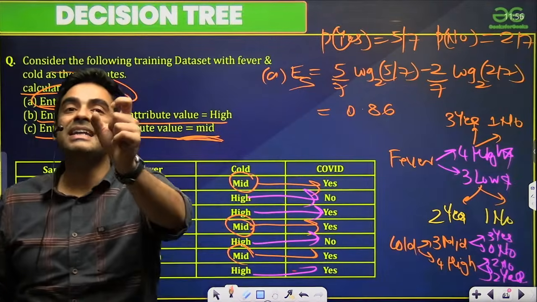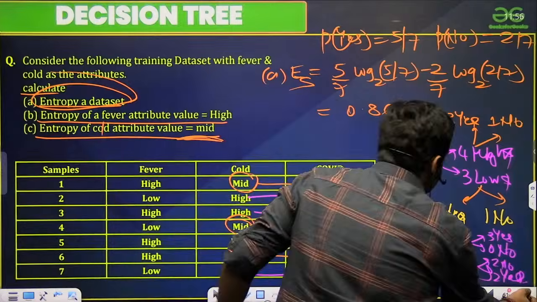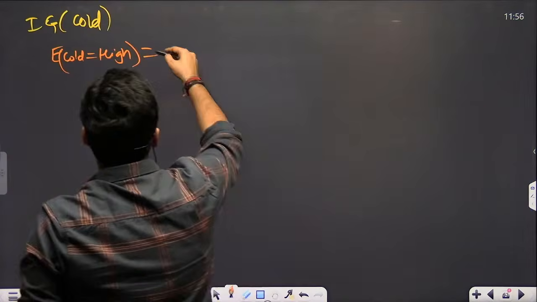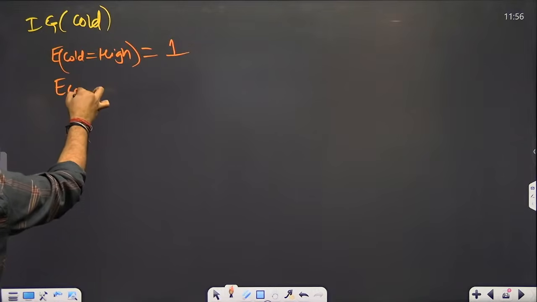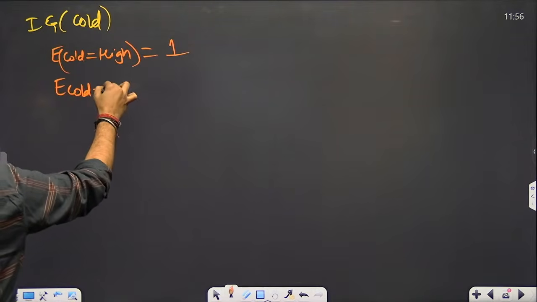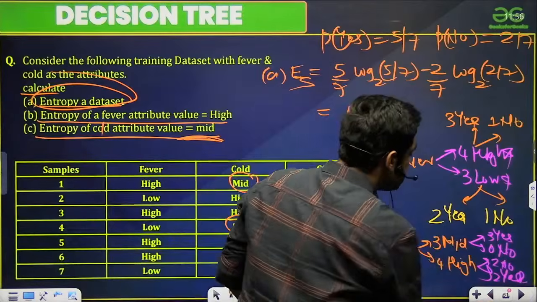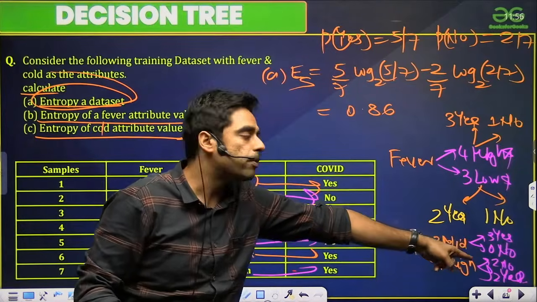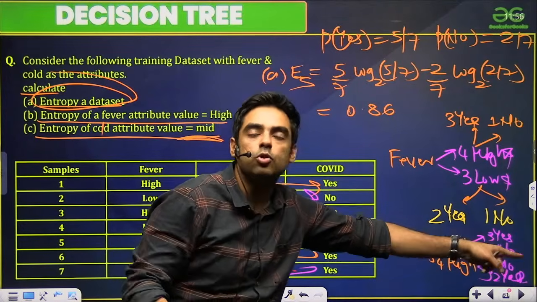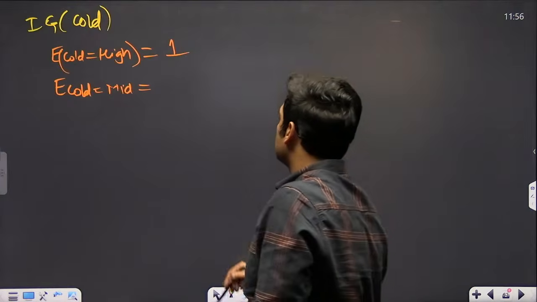It is a highly impure mixture, and the value of entropy is 1. For the feature cold with value mid, it is a pure mixture, 3 yes, 0 no, so the value of entropy is 0.